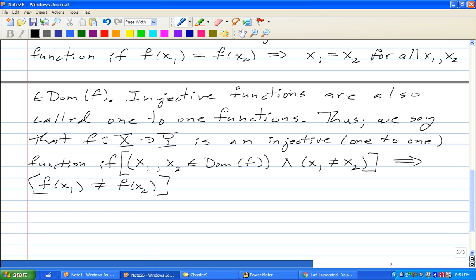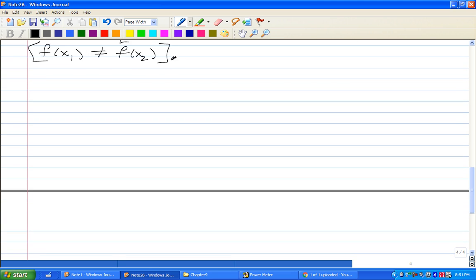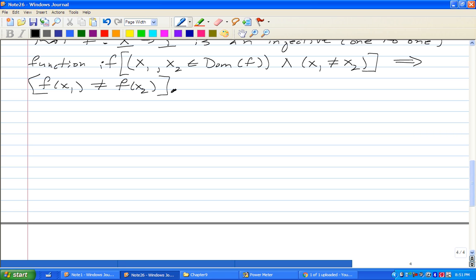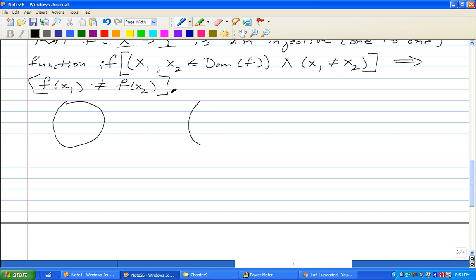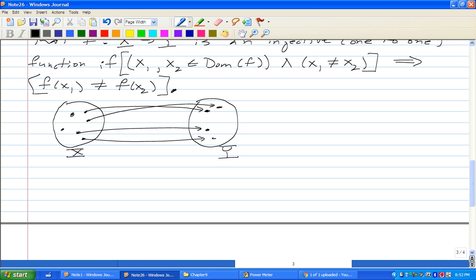So let me give you an example pictorially, just like what we did above for the surjective and non-surjective case. So suppose I have the following. This is the set X, this is the set Y. Let's say this maps here, this maps, I don't know, here, this maps here, and this maps here.